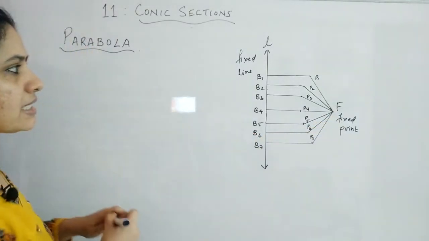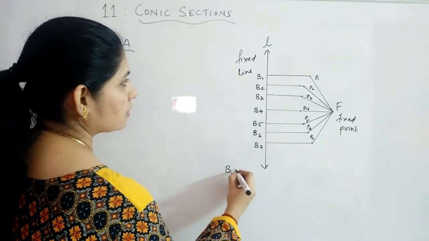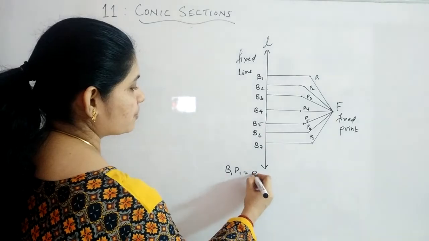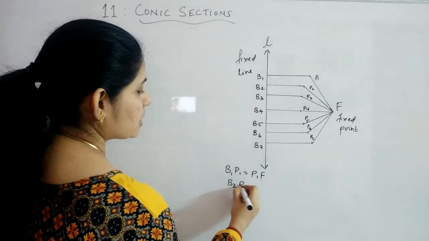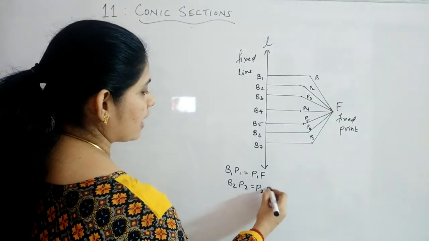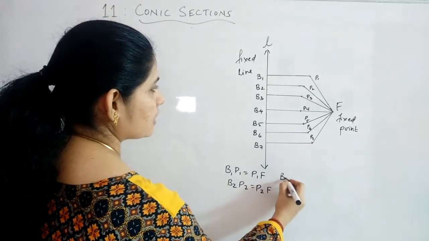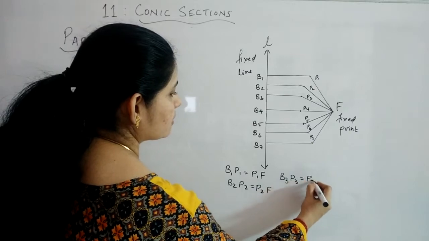That means B1P1 is equal to P1F, B2P2 is equal to P2F, B3P3 is equal to P3F.